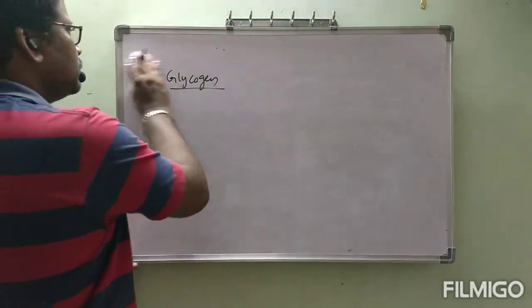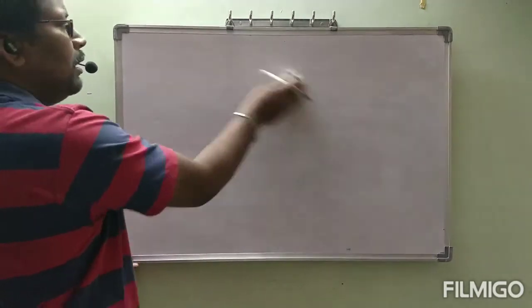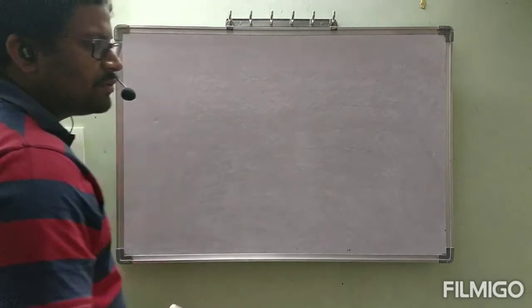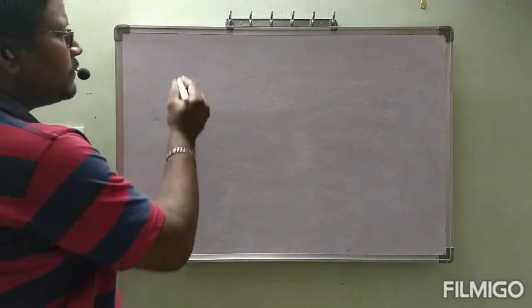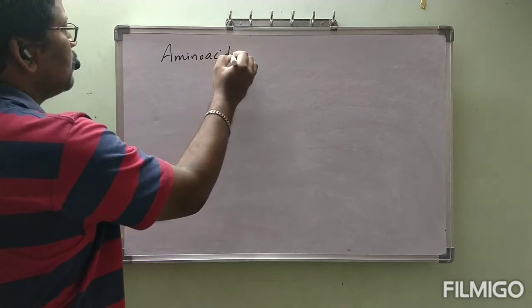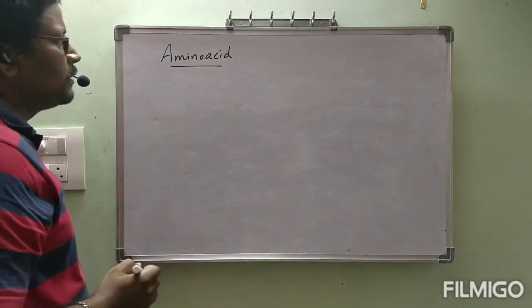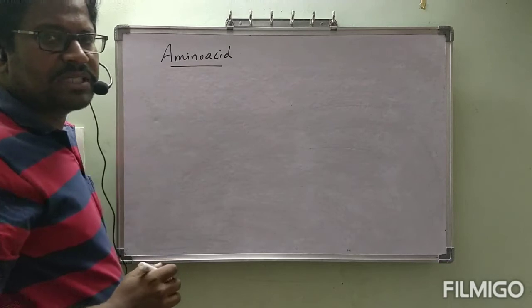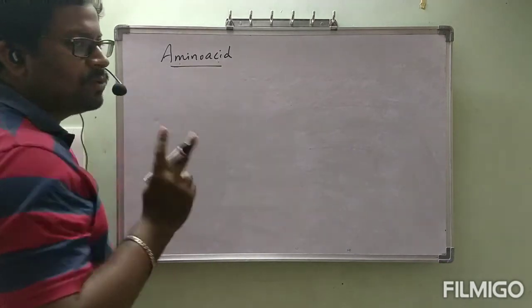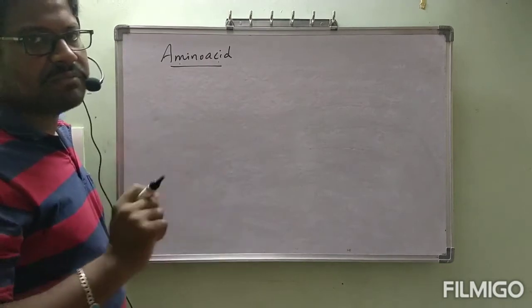Next we can go through proteins. Before going to proteins, we have to know mainly amino acid. The name itself indicates that an amino group and an acid group, two groups, are present in the same molecule.